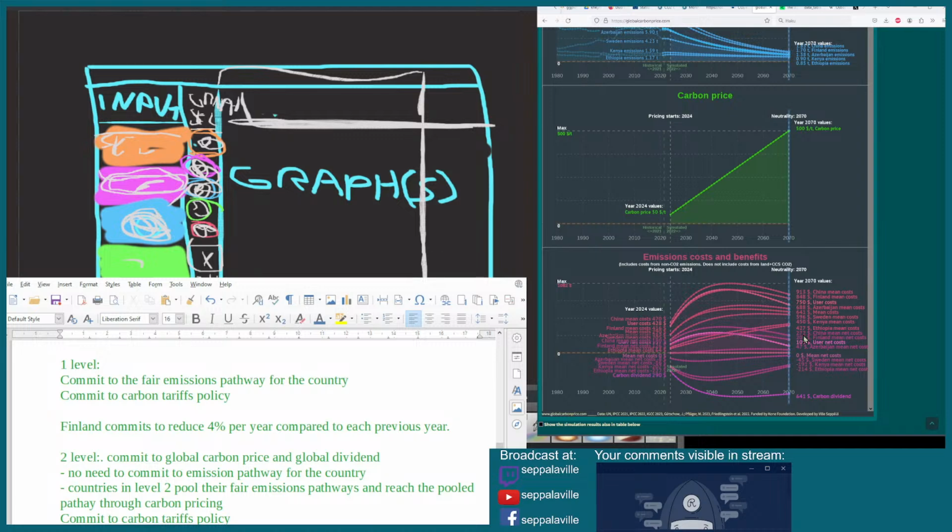Here I also think I need a lot better coloring. It would be nice if the user had a better intuition on what the net costs are and so on.